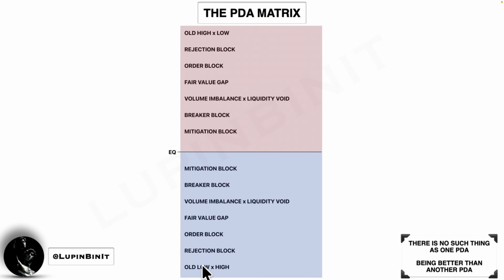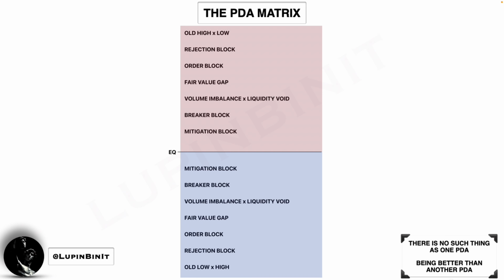So you have your old low or high, rejection block, order block, fair value gap, volume imbalance or liquidity void, breaker block, and then your mitigation block. And a footnote on the bottom right, exclaiming the fact that there is no such thing as one PDA array being better than another PDA array.